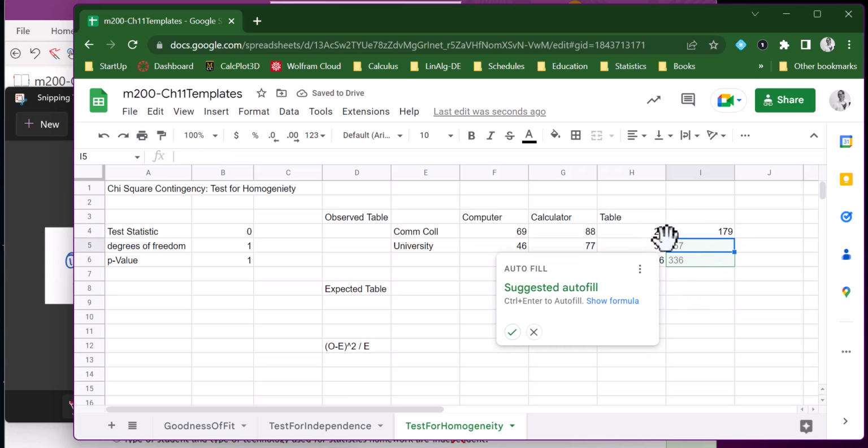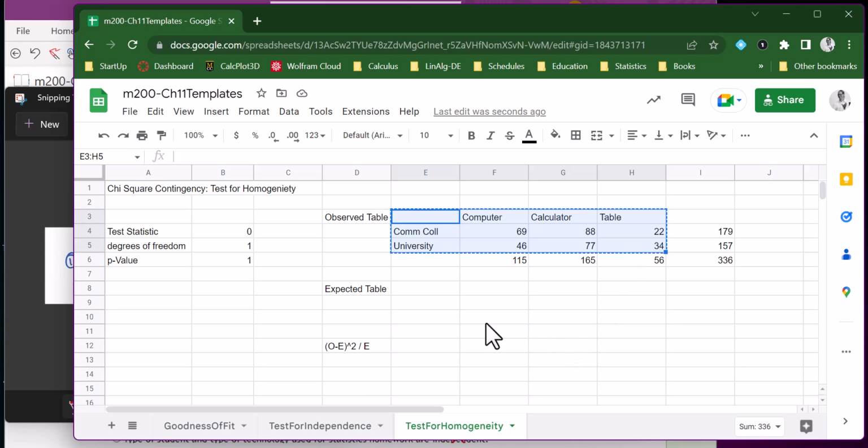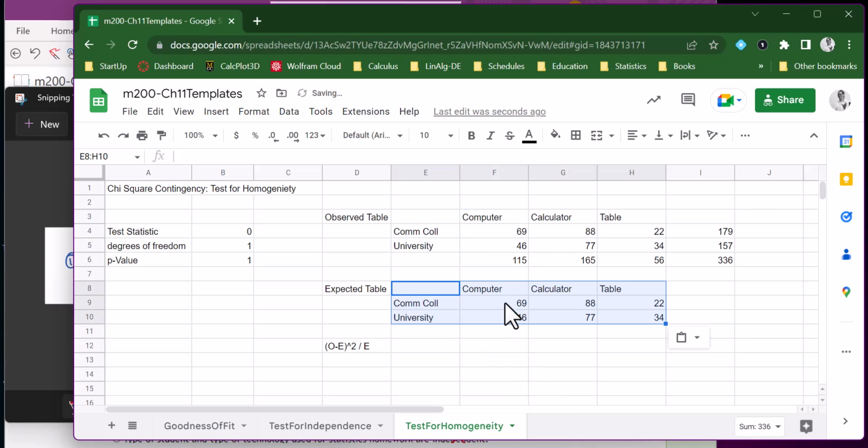Here they ask, do you want autofill? And I think this is a good time to just say yes, because we could autofill the second row, and we also can autofill the sum of the column totals, which will give us the sum of everybody that was in this survey. Okay. All right, now we're going to need this portion of the table, just the data portion of the table, repeated for our expected value, except we're not going to use these same numbers for expected value.